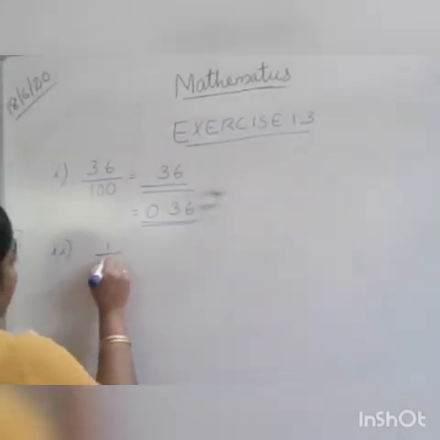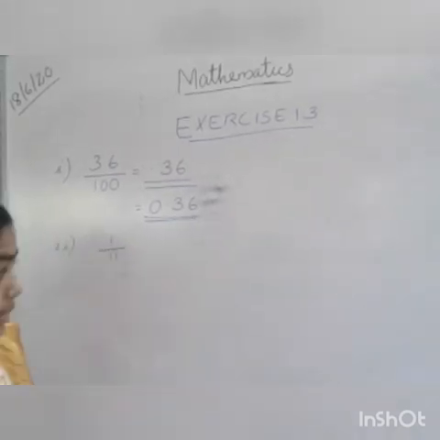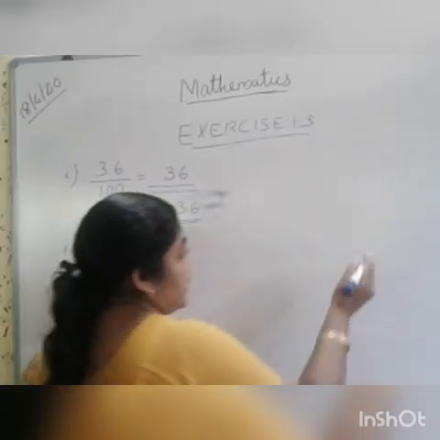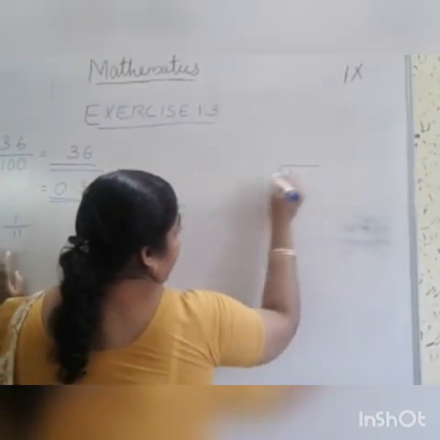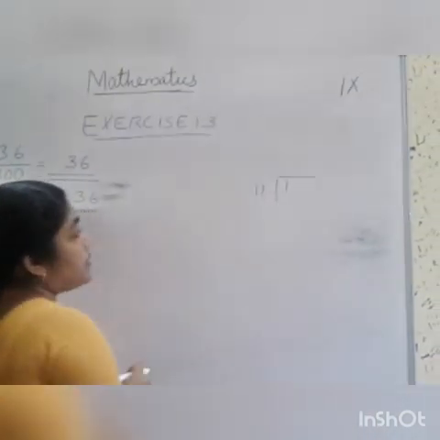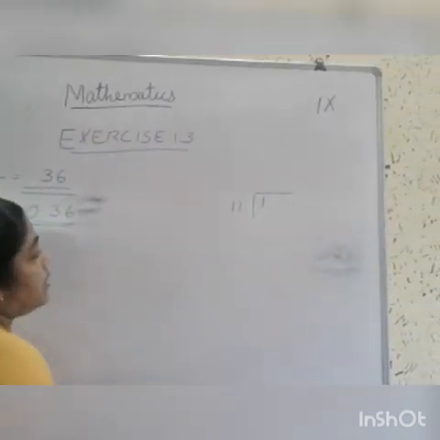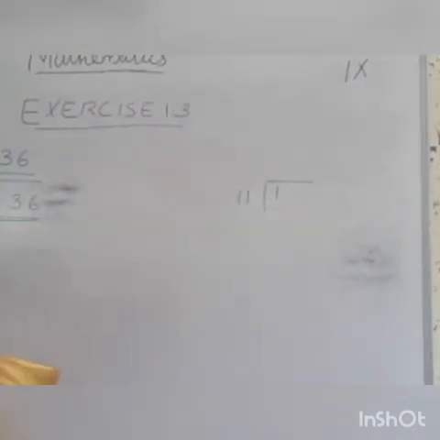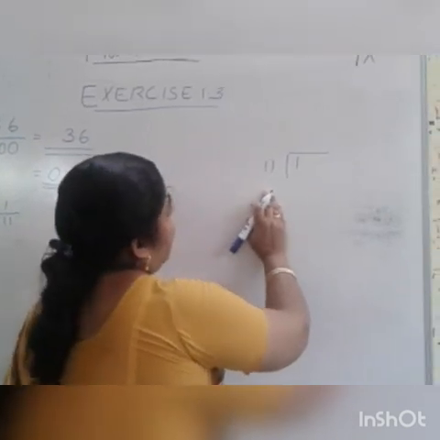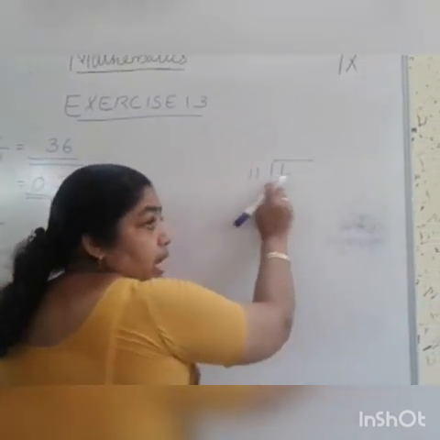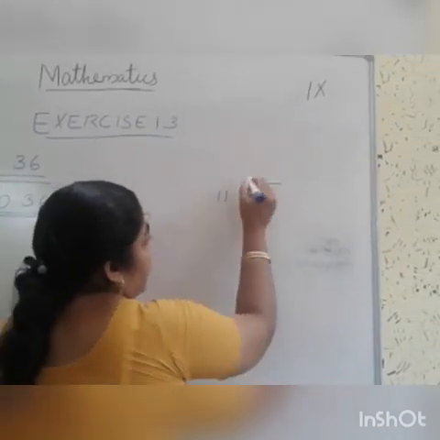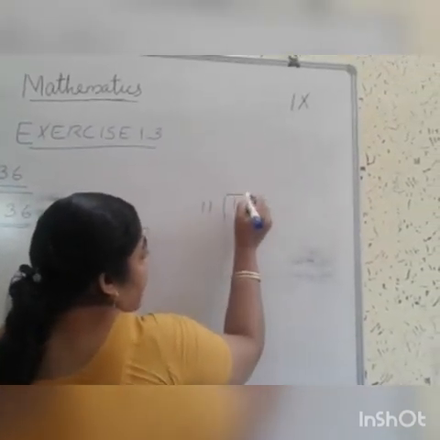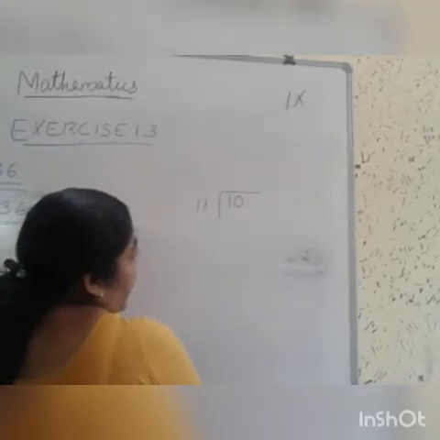Then number 2, 1 by 11. That we have to divide. All of you do the division in the working column. 1 by 11. In 1, how many 11s are there? None. Then we can put the decimal and write 0 here.